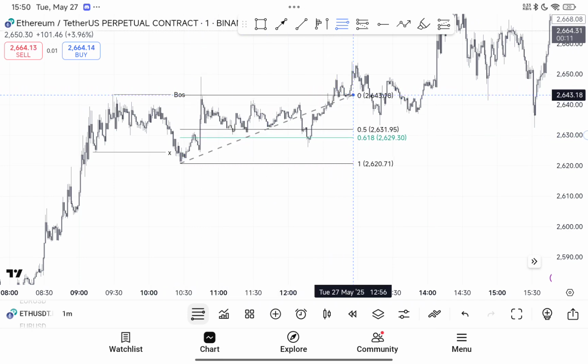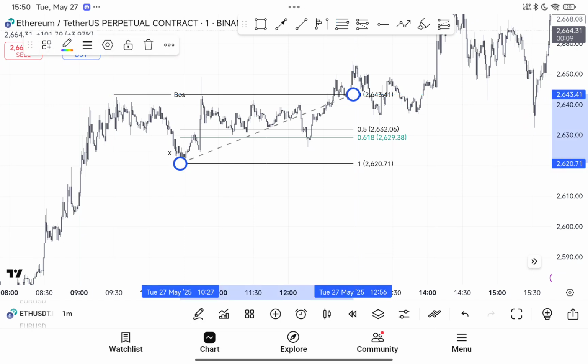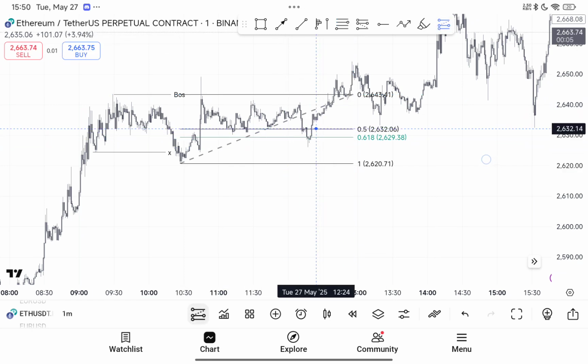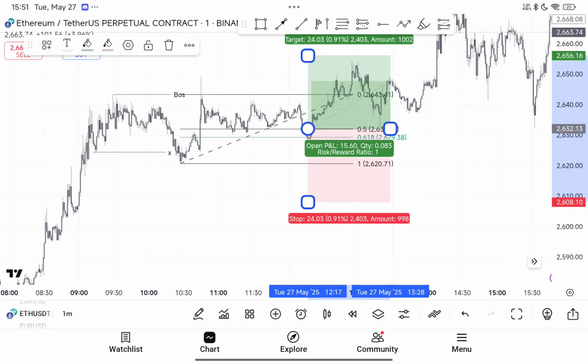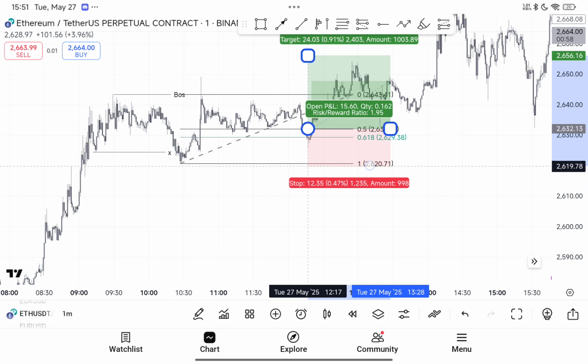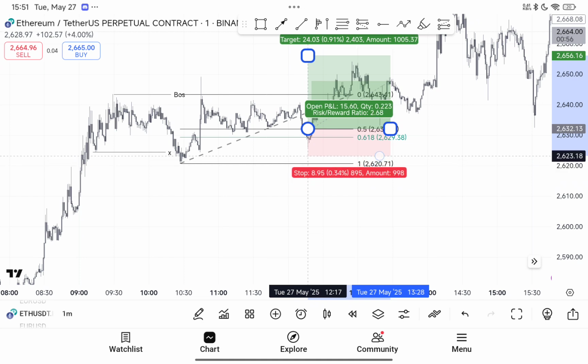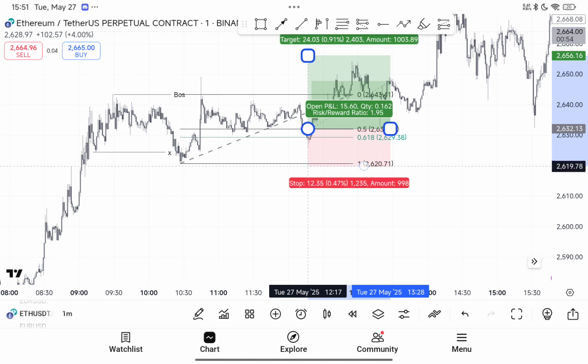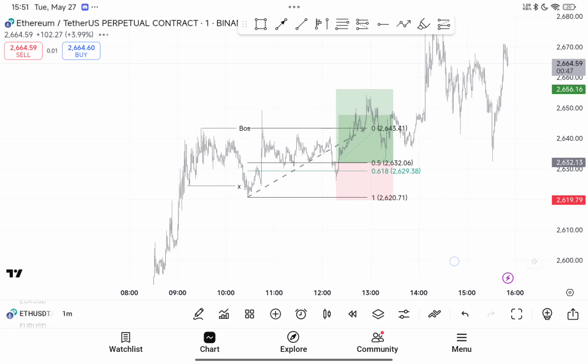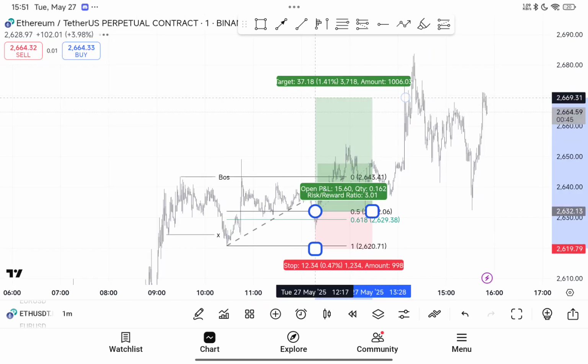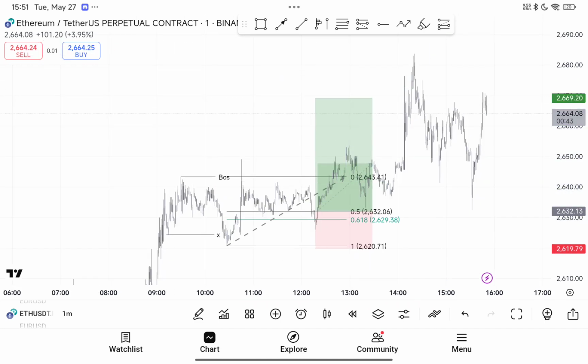Once the market taps into 0.5 to 0.6, I'm taking my trade. I can take my trade from 0.5, then put my stop loss just under here or around here, just somewhere. The best place to put your stop loss is under the protected liquidity, and then I target at least 3 risk to reward ratio.